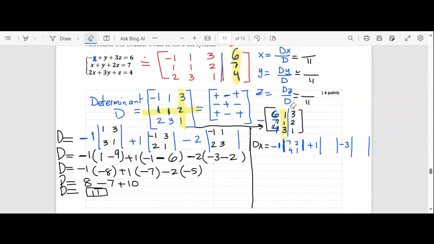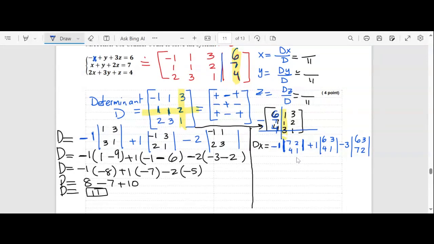Again, if you hide the row, hide the column. 6, 3, 4, 1. Again, if you hide the row 6, 1, 4, 3. And you hide the column, 6, 3, 6, 1. 7, 2.